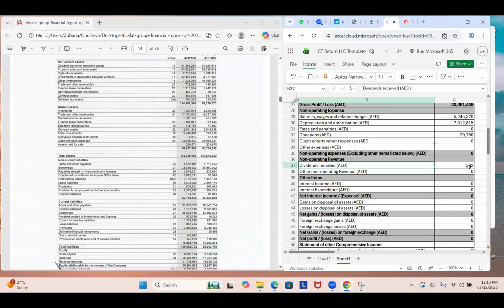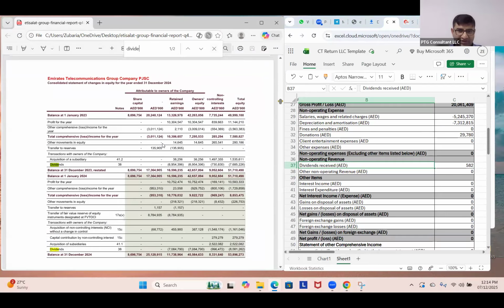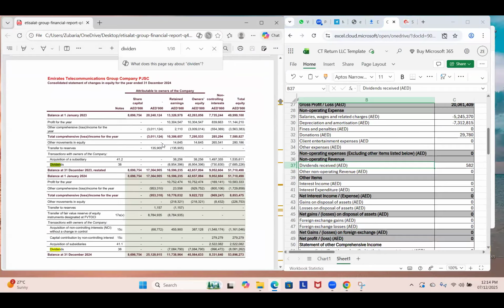So dividend received, should we keep this 582? No. First go to the relevant note from where we took the 582, and we have to understand how they took the 582, because now we've seen another dividend also.